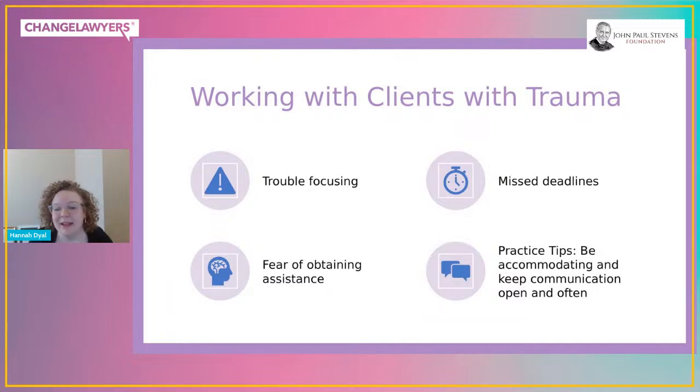That does happen. They're also more likely to miss deadlines because they've got a lot going on, they've got too much to process, and they may shut down. They may have a fear of obtaining assistance. This happened a lot with Harvey work, where you would get the money for the client, but they don't really want money.